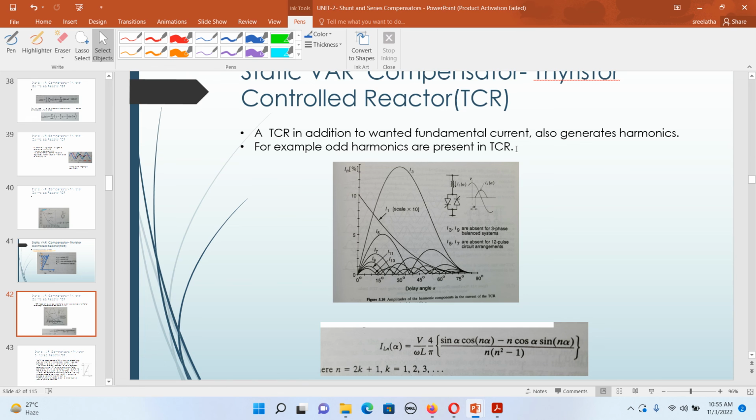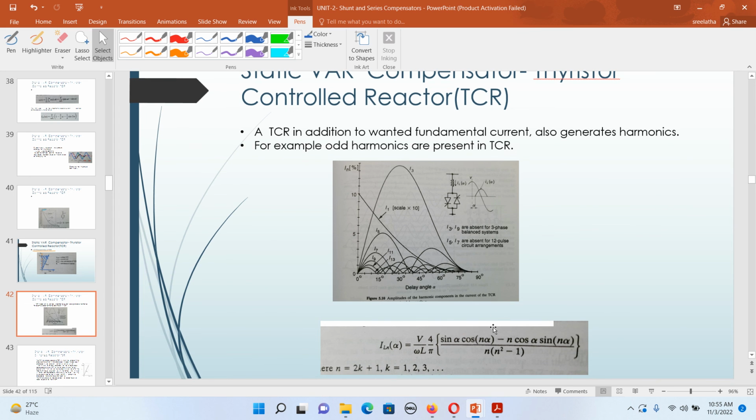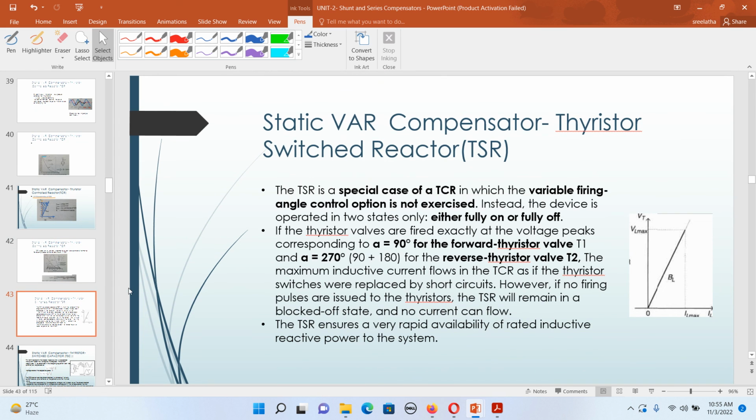It will do a good job, but it will also pollute our power system by giving some harmonics. So you see different harmonics: 11th, 9th, 7th, 5th. This is how the fundamental looks. By changing the delay angle, how many harmonics are there? We'll see this tomorrow, girls.